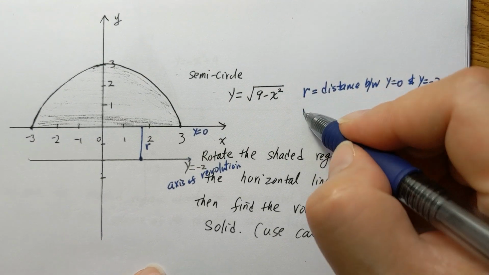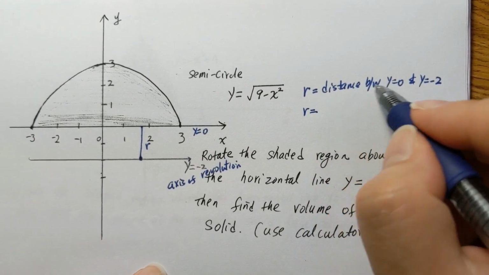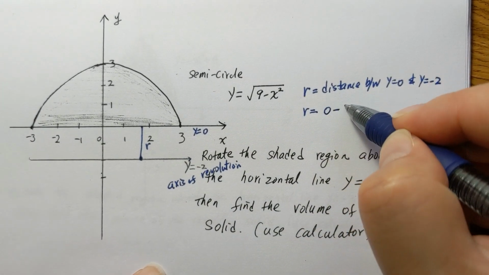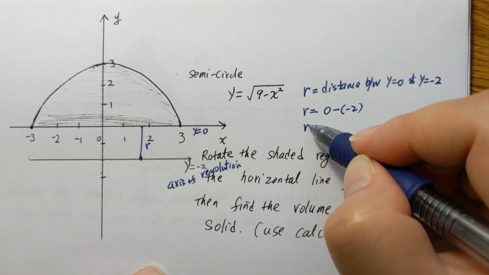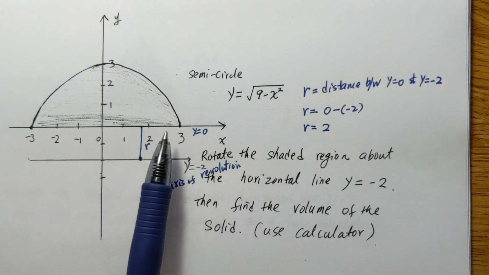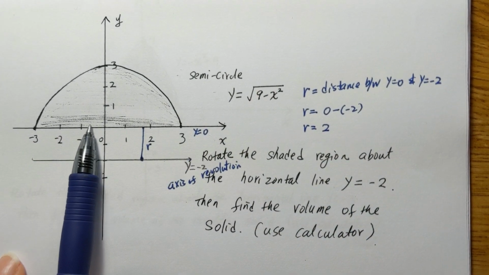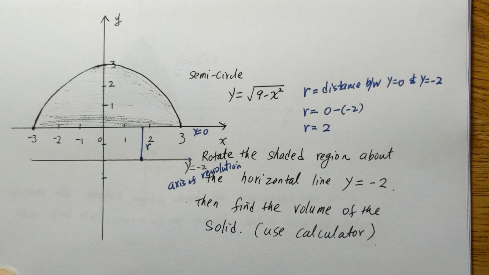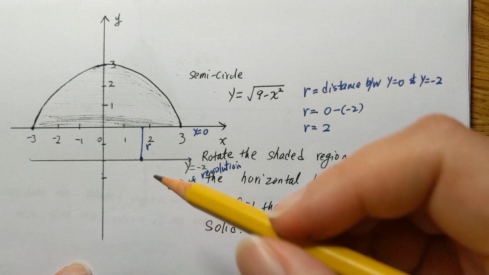To find distance, we subtract top minus bottom. So 0 minus negative 2, so r equal to 2. You can see the radius is a constant. It's always 2 units. Okay, so now we finished. We got our first radius.